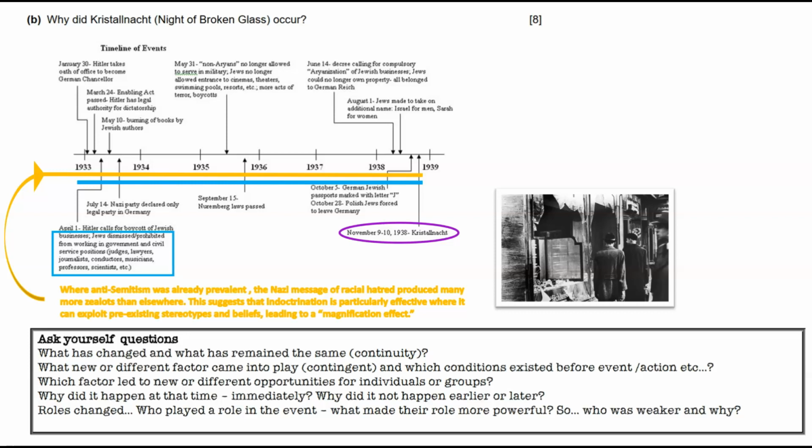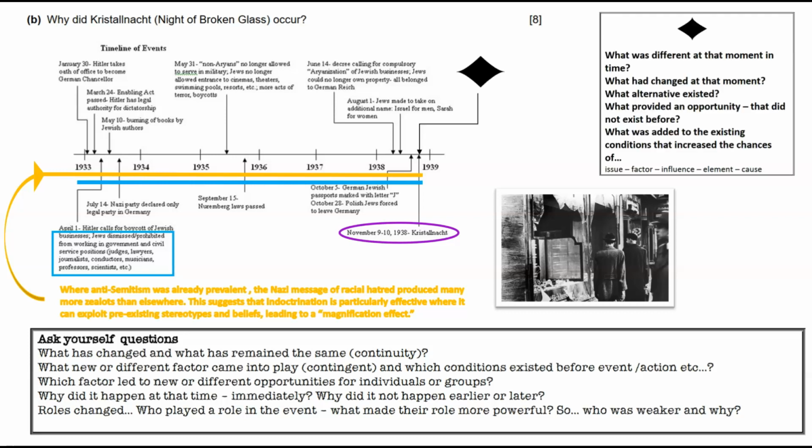These conditions laid the framework, the backdrop, but a new or different factor came into play, which would have been the spark. And so we look at that. What was different at that moment in time? What had changed? What alternative existed?